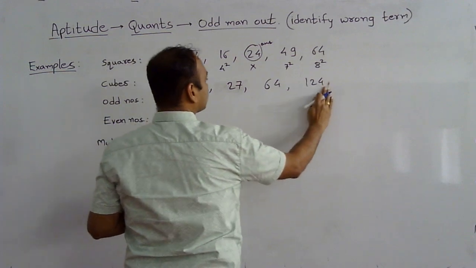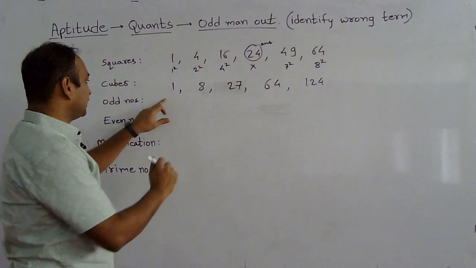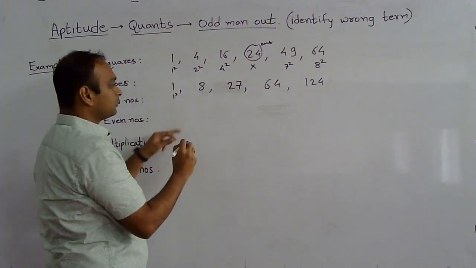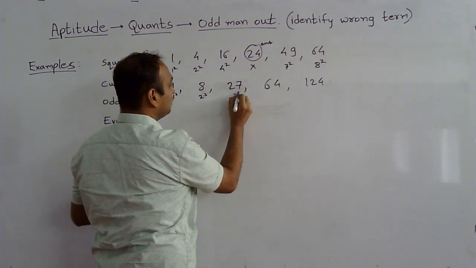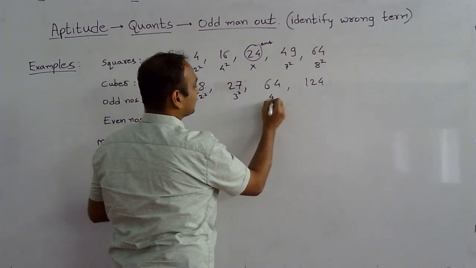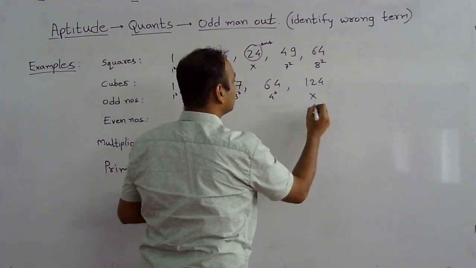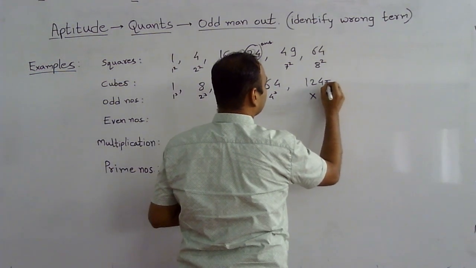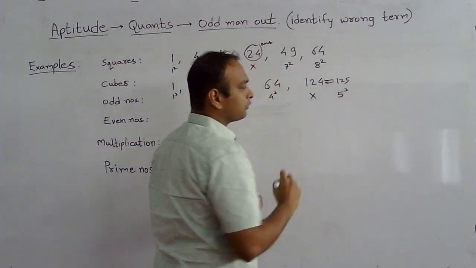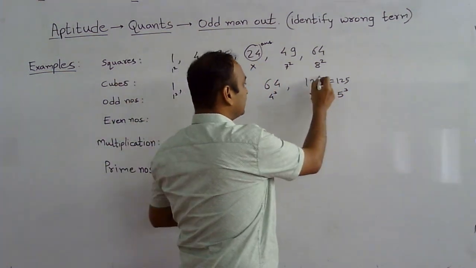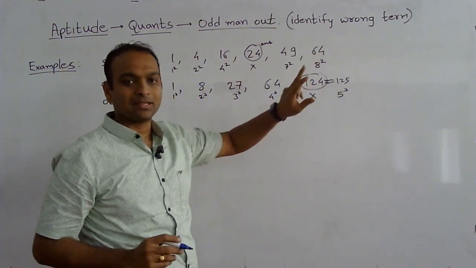Now in this case, 1 is a cube of 1 itself, 8 is a cube of 2, 27 is a cube of 3, 64 is a cube of 4, and 124 is not any cube. If it was 125 instead of 124, it would have been cube of 5, but since it is 124, the odd term is 124, and that we can put as the answer.